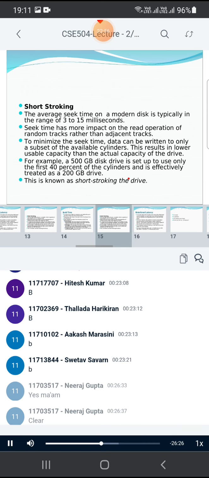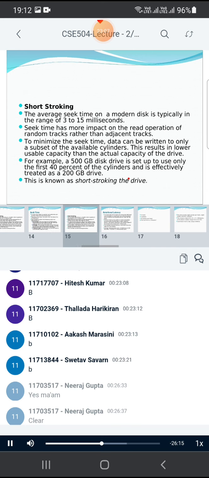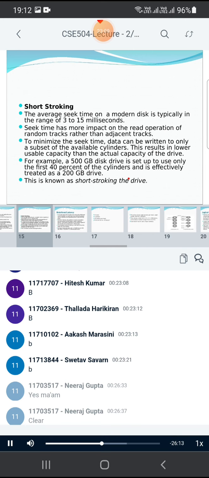So instead of using all the tracks, we'll just be using the outermost 40 tracks so that the seek time will get reduced. Because the head doesn't need to move across the entire width of the disc now.